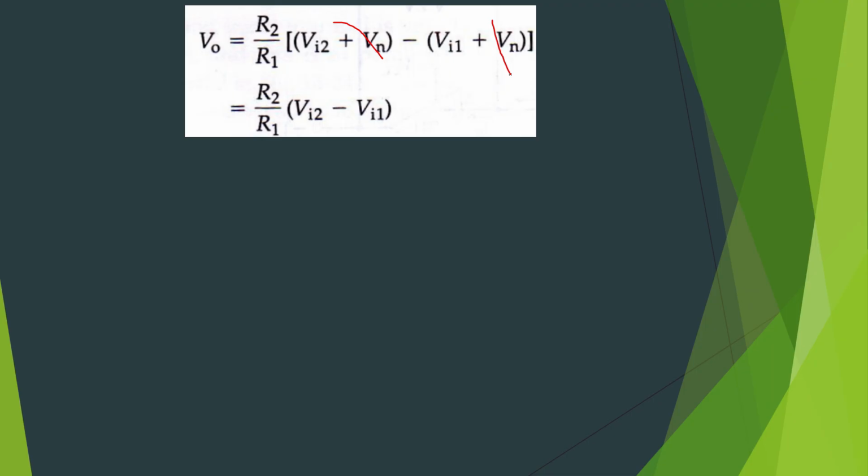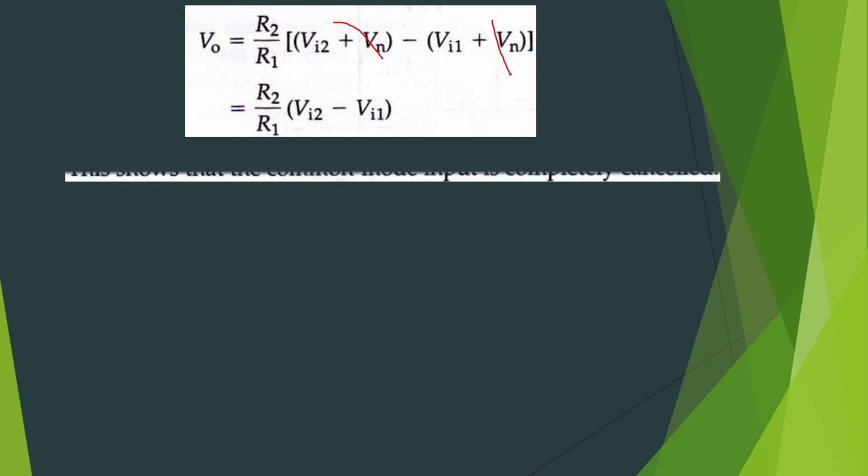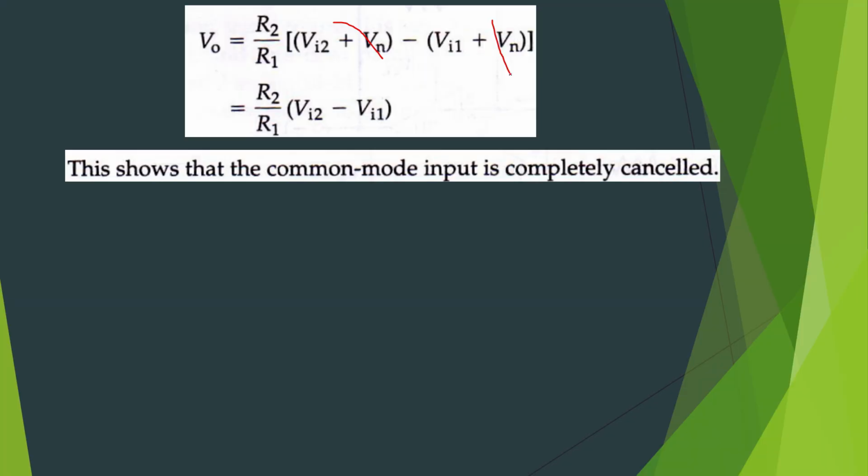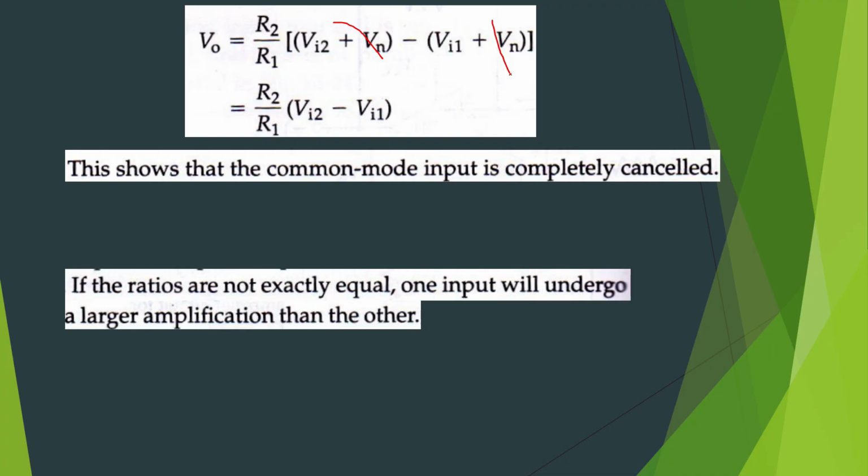So the operational amplifier has the capability to reject the common signal appearing at its input. This shows that the common mode input is completely cancelled.